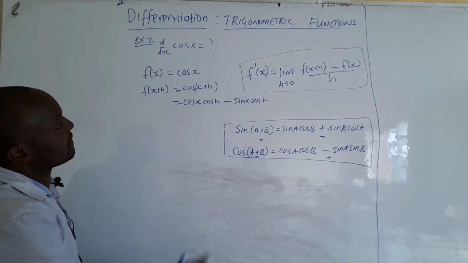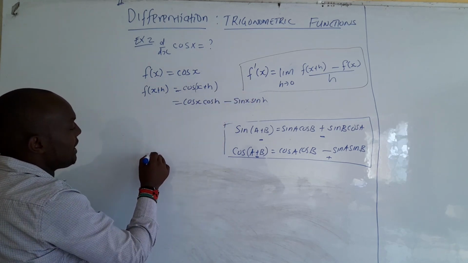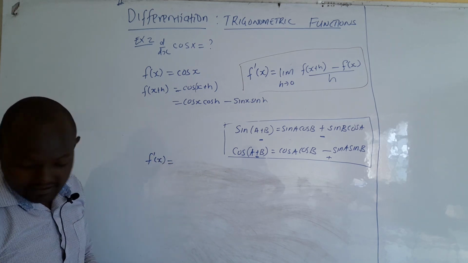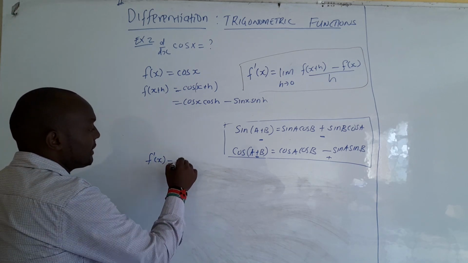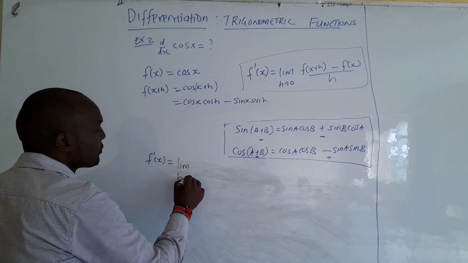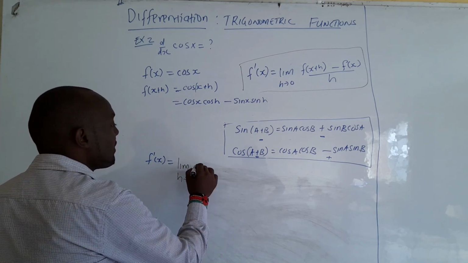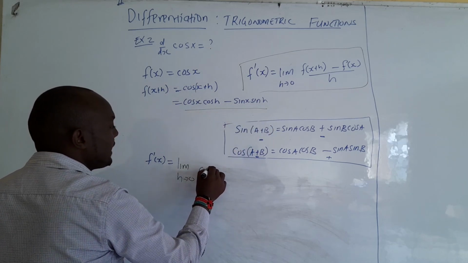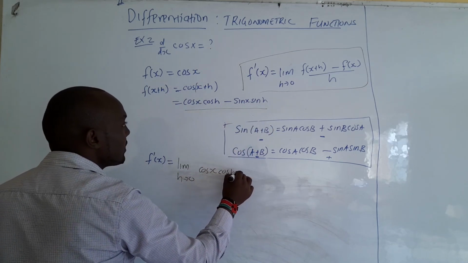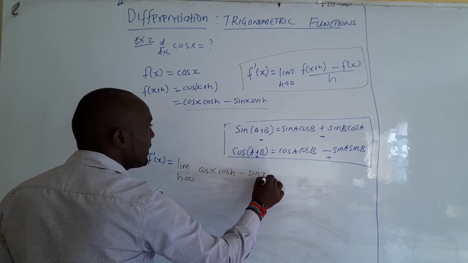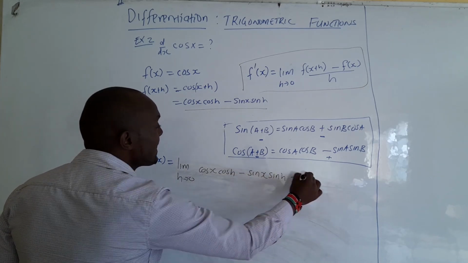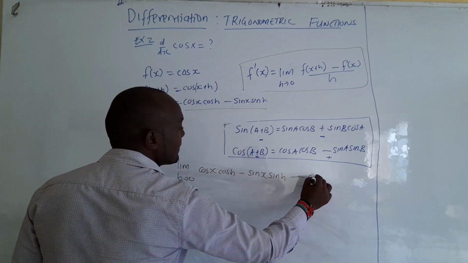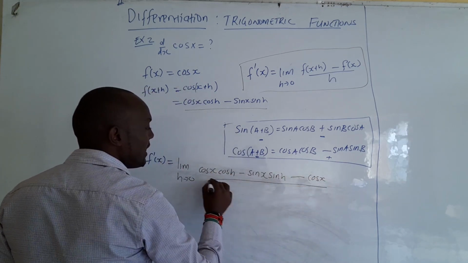So now we replace in our formula, f prime will be equal to the limit as h approaches 0 of our function of x plus h, which is cos x cos h minus sin x sin h, minus now my function of x, which is cos x, all over h.